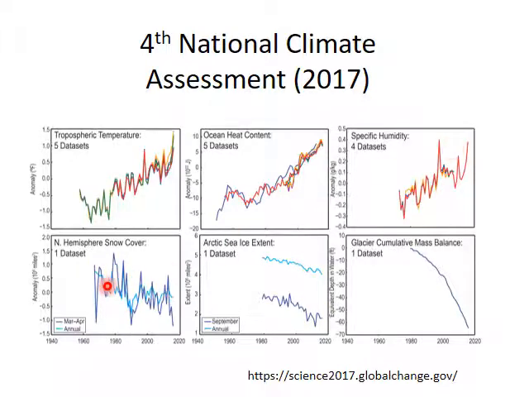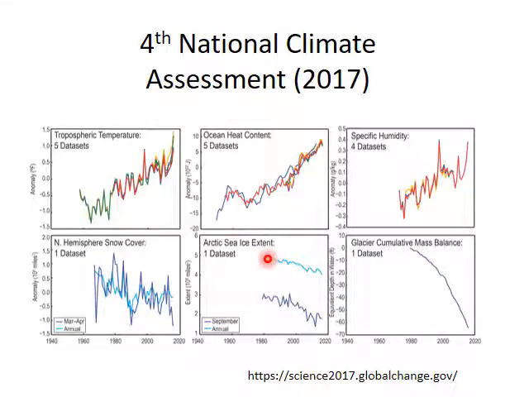Snow cover declining. Arctic sea ice, now you see here 2 numbers. This would be the September Arctic sea ice. This is very dramatic if you think about it. It started at 3 and now we are down to, let's say, 1.5. So it's a decline by 50% over those past 20 years only. So very dramatic changes in Arctic sea ice.